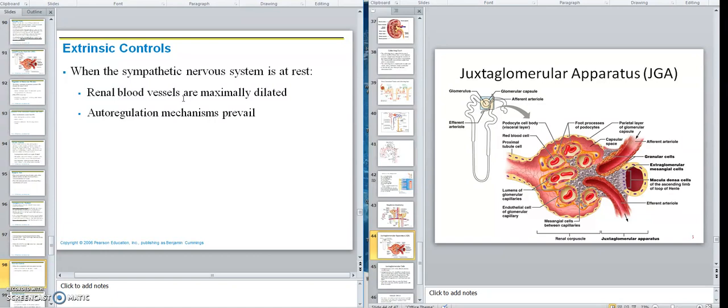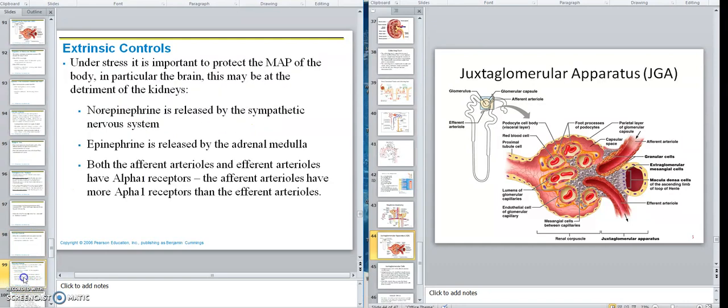They're turned off when everything is kind of high. So in excitement, you turn them off. When the sympathetic nervous system is at rest, renal blood vessels are maximally dilated. You're not in stress. Autoregulation mechanisms prevail, the intrinsic aspect.